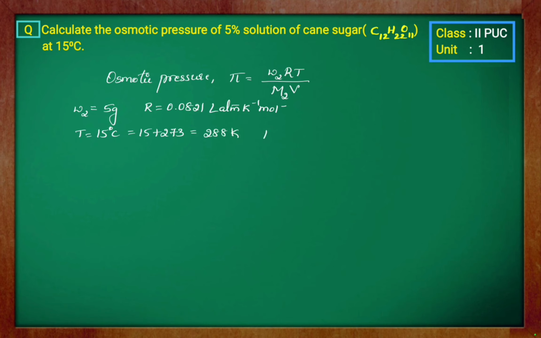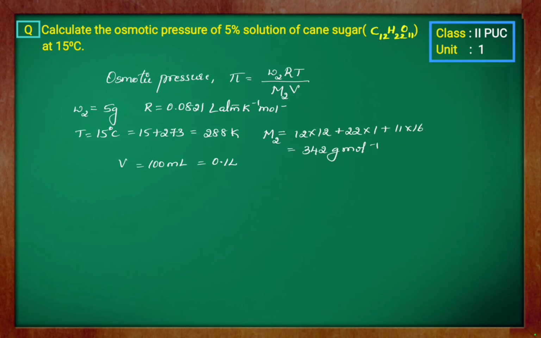And we need molar mass of solute, that is sucrose, which is 12 into atomic mass of carbon, that's 12, plus 22 into atomic mass of hydrogen and 11 into atomic mass of oxygen. So we have molar mass M2 is equal to 342 grams per mole. Also they have given us volume of the solution, which is 100 ml. So when we convert this into liter, that comes out to be 0.1 liter.